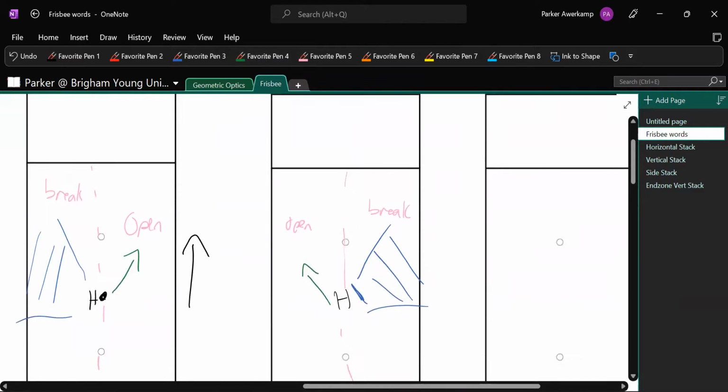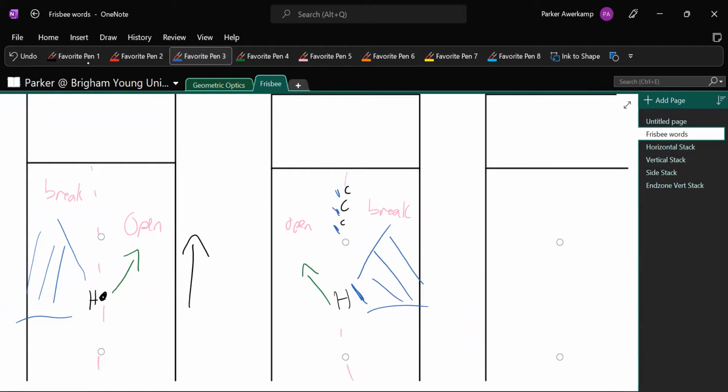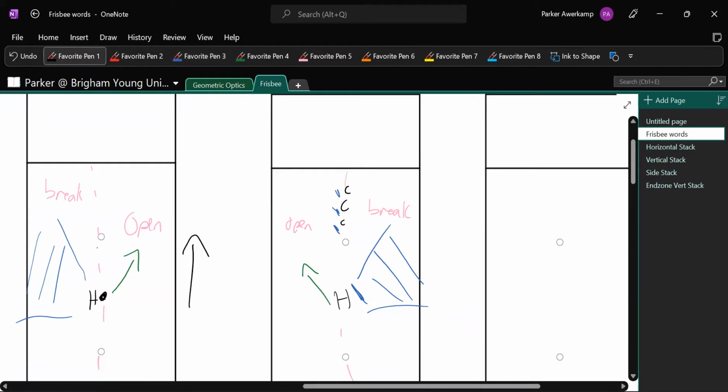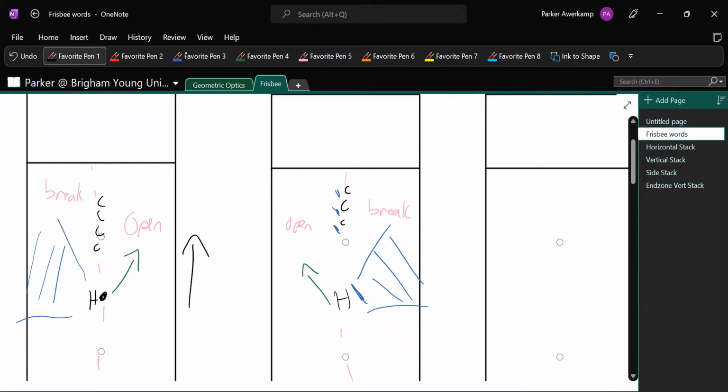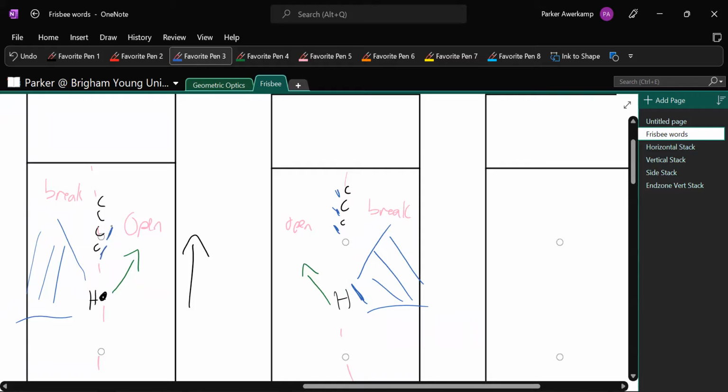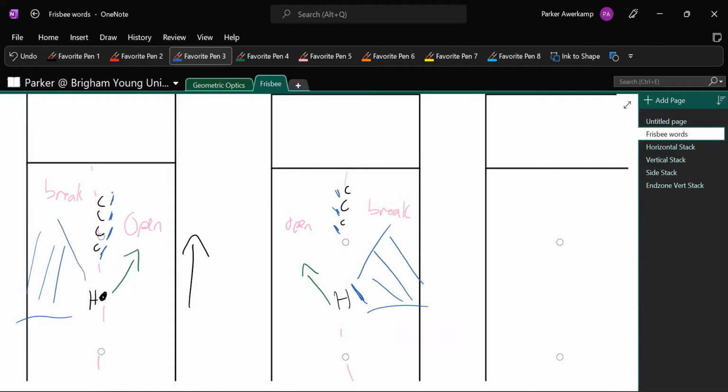And then what will typically happen is other defenders will preferentially guard the open side. So all the defenders that are away from the disc will guard on the open side, so that there's defense guarding all of the space.